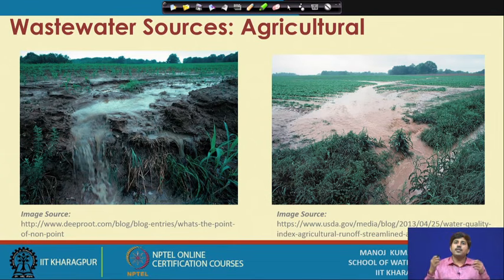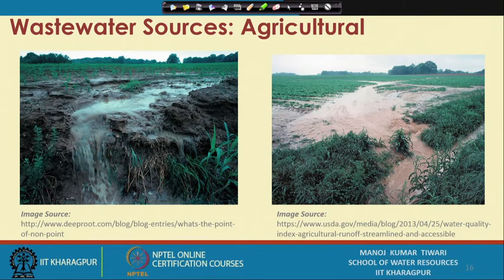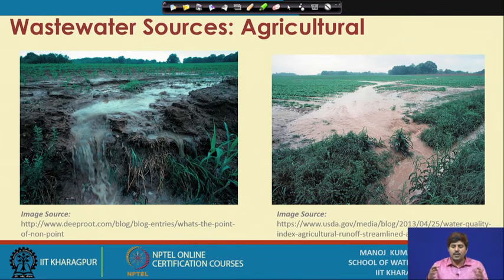So, the agricultural water will be rich in sediments and agrochemicals. What type of agrochemicals are generally applied? We apply pesticides and fertilizers to the agricultural field, and when the water mixes with the topsoil and flows, it does carry some of those applied pesticides or fertilizers along with it. So, agricultural runoff is likely to be rich in fertilizers, which means nitrogen, phosphorus, potassium.